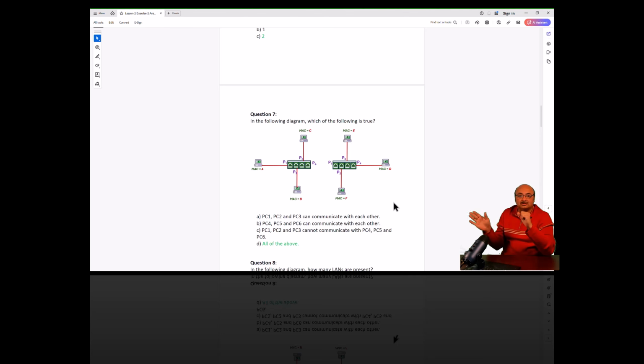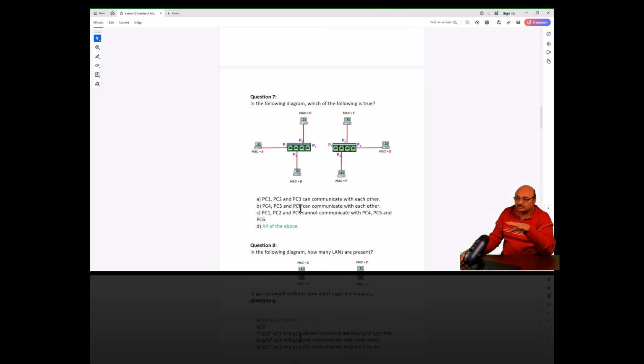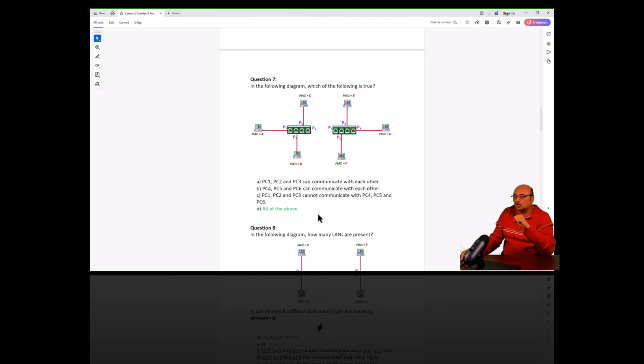PC4, PC5 and PC6 can communicate with each other. But PC1, PC2, PC3 will not be able to communicate with PC4, PC5 and PC6. Plain and simple. Since A, B and C options are all correct, the option D can be safely ticked as the best answer. So all of the above.